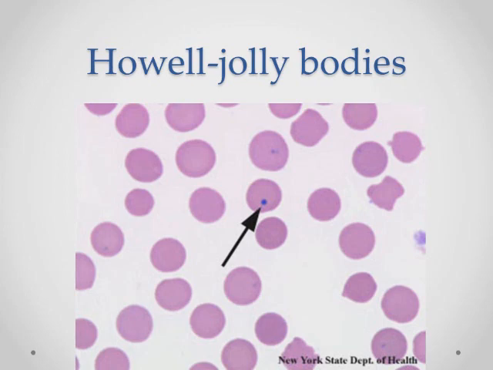What does it represent? It represents a remnant of the nucleus, remnants of DNA, and this occurs in megaloblastic anemia and also post-splenectomy. Sometimes we can see it in other types of hemolytic anemia, but it is really characteristic of megaloblastic anemia.